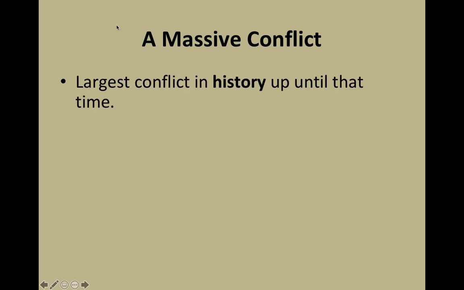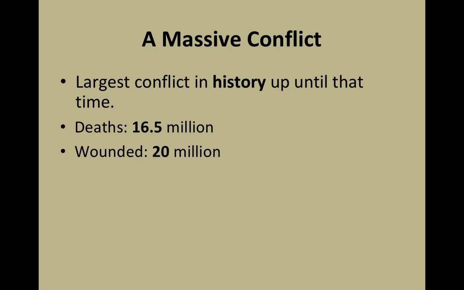So when we talk about World War One, at this point in history, this had been the largest conflict in history. You'll see deaths range anywhere from like 7 million to like 35 million, and so you'll see very different numbers. The difference is because sometimes they're including civilian deaths, sometimes they're only counting military deaths.